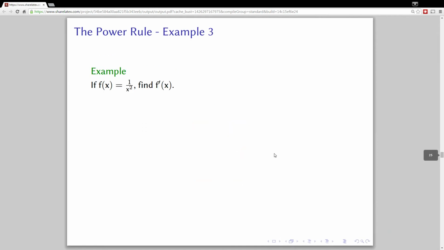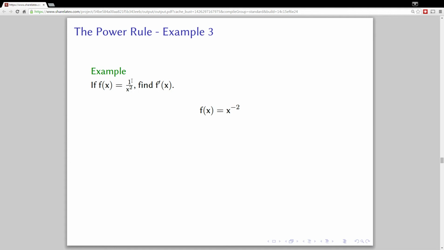All right, the third and final power rule example that we'll do is f of x equals 1 over x squared. This function, 1 over x squared, is not in the format x to some number power, but it's also pretty easy to rewrite in a format that's exactly like the power rule. I can rewrite 1 over x squared as x to the minus 2 power. Here the x squared is on the bottom.